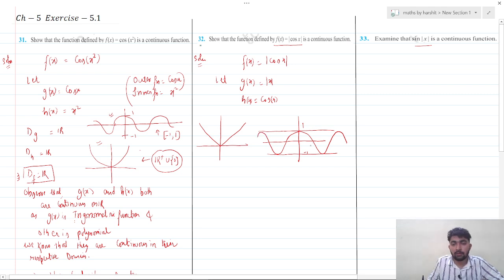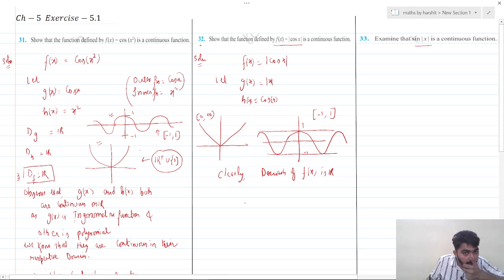Yeah, like that we have a cos x graph. Okay, it is continuous. Now clearly, the domain of f of x is complete R, because the range of the mod x function is 0 to infinity, closed, and for cos x it is closed -1 to 1.